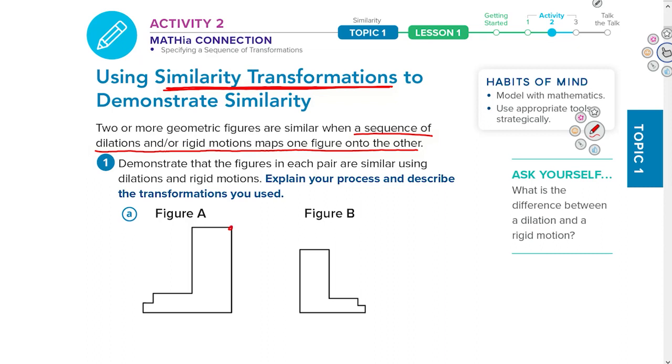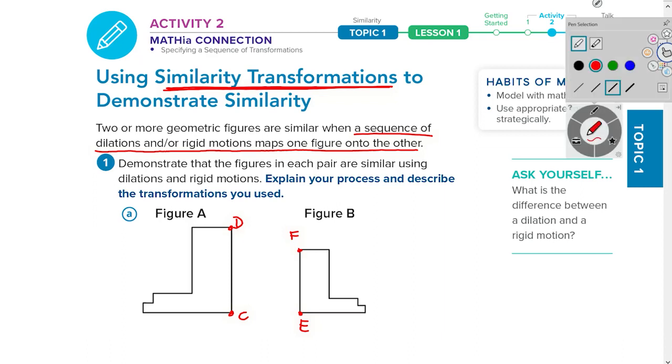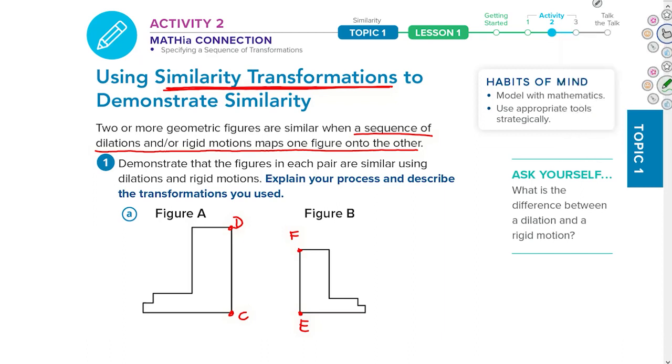I'm going to call this point C and this point D. I'm going to call this point E and this point F. Just give me some points to work with. Now, the way I want you to do similarity transformations is you say what you're doing to what, and then be precise.